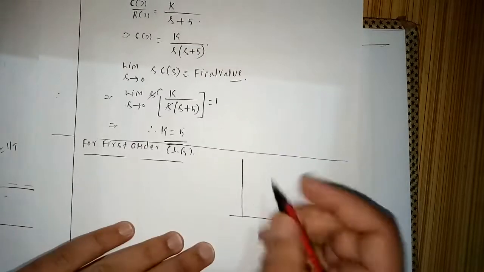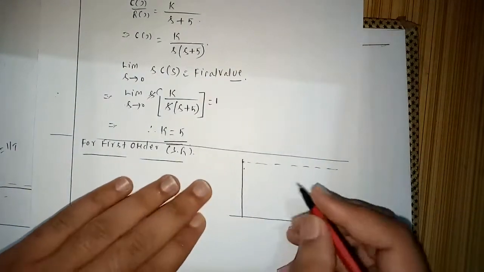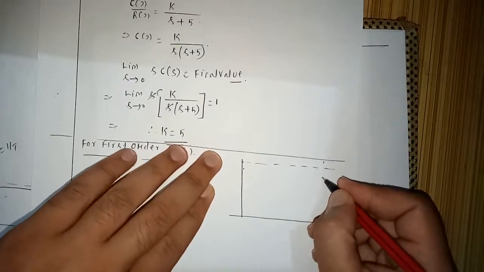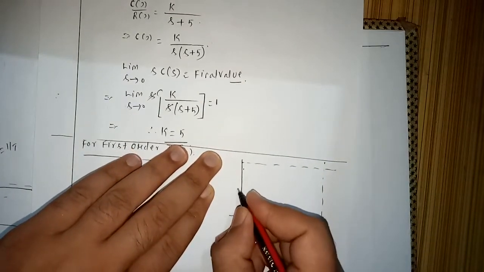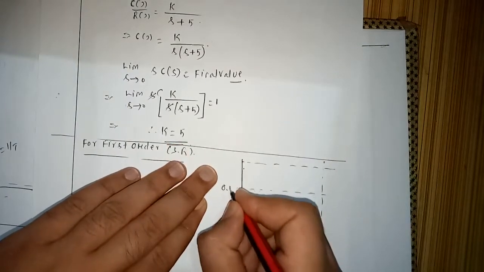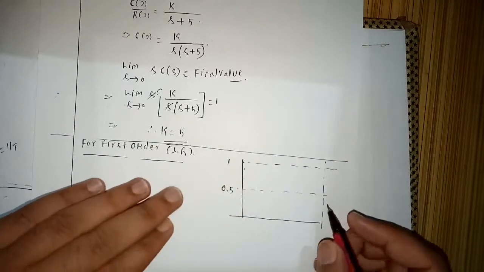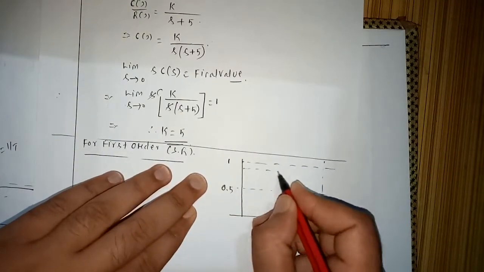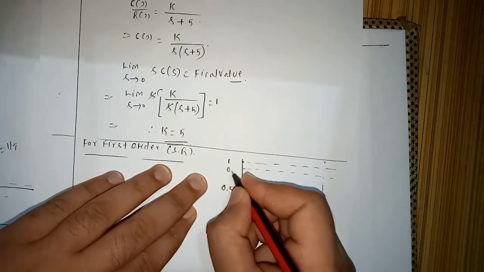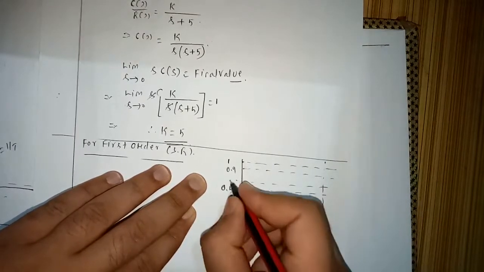So I'm drawing the step response here, a little bigger picture. Let me write like this. This is 50%, 0.5, and this is say 1, and this is say 90%, 0.9, and here it is 0.63.